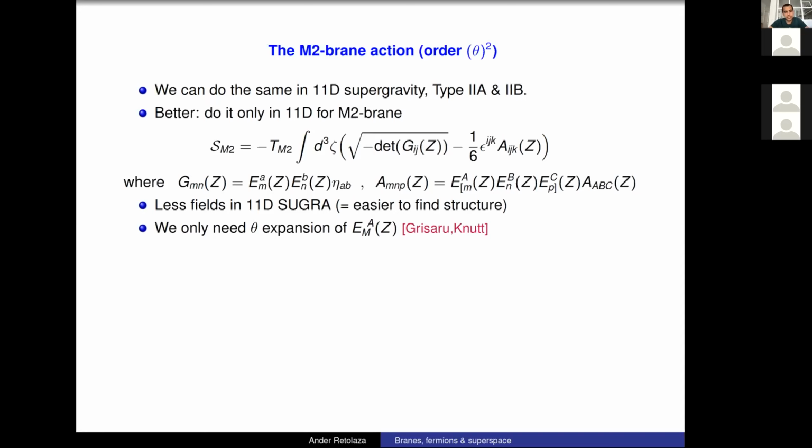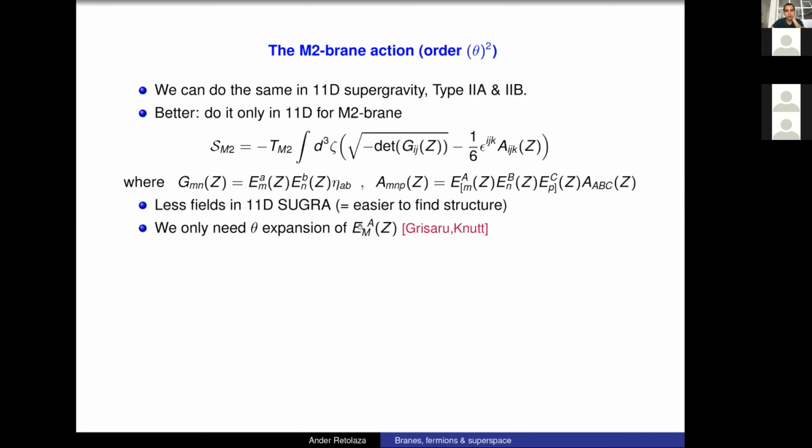And well, the second reason is that in the theta expansion of the M2 brane, we have the super vielbein, which appears in both places, and we have this 3-form. But it turns out that this combination, when you consider its theta expansion at order theta 1, you can see that from that order on, so higher orders than linear in theta, they only depend on the expansion of the super vielbein.